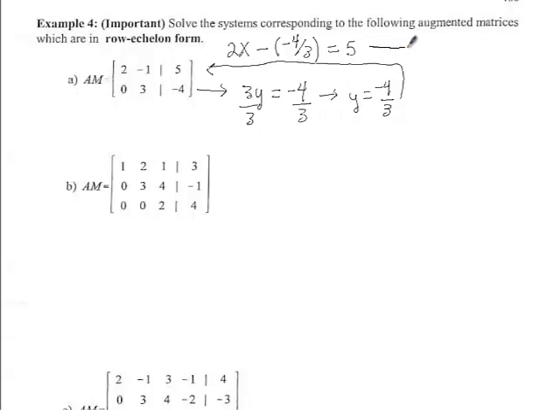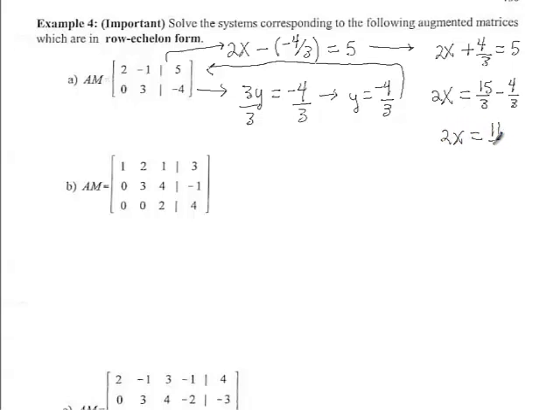Now we solve this equation for x, and we get 2x plus 4/3 equals 5. If we subtract 4/3 from both sides, we would have 15 over 3 minus 4 over 3.